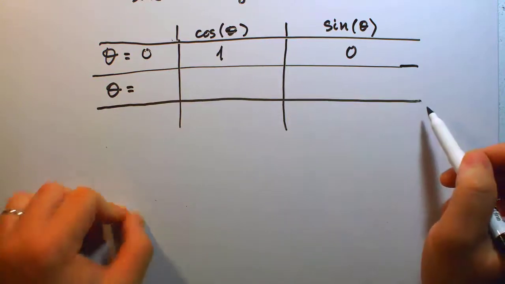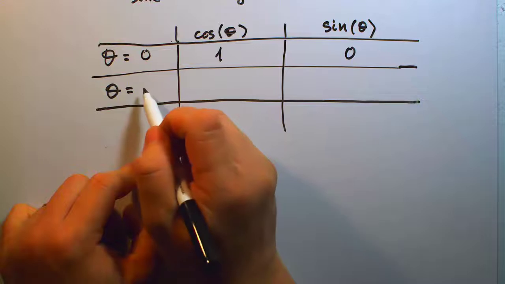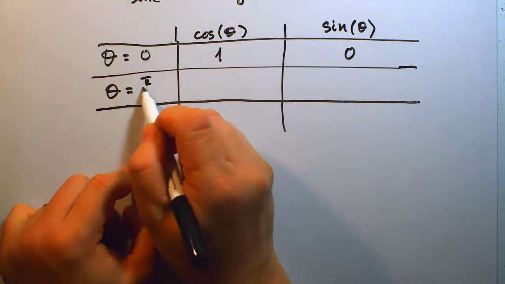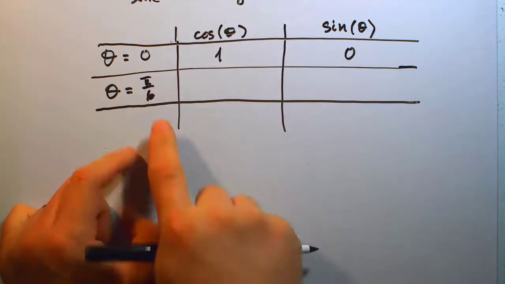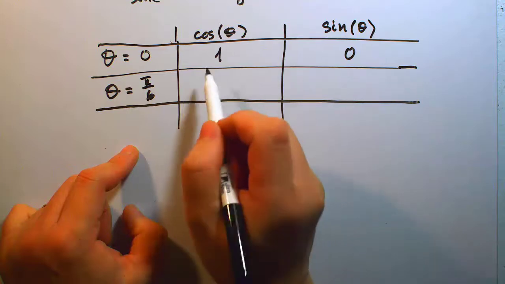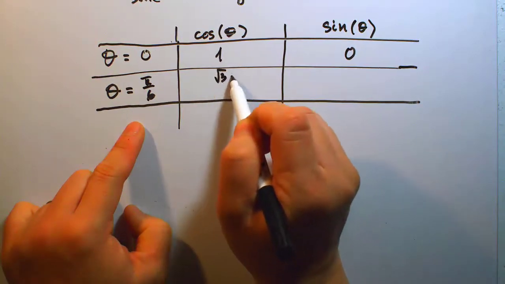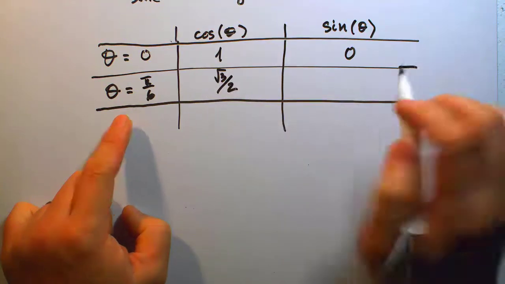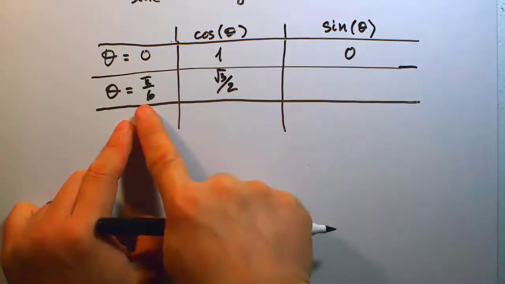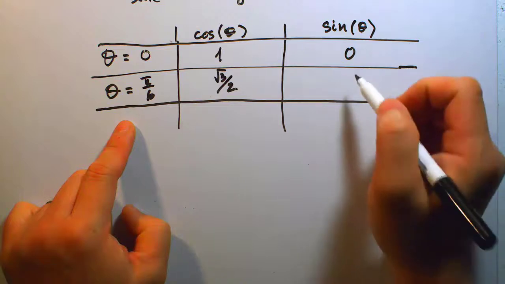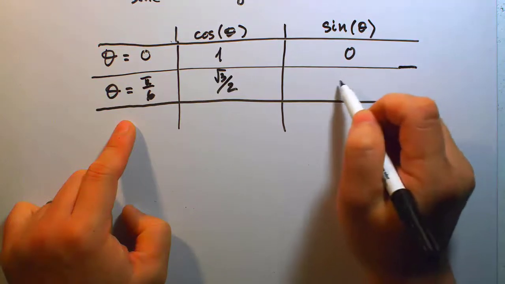And then we also learned that when theta, and for now we still stay in the positive counterclockwise rotation, equals pi over 6, the cosine value of pi over 6 is the square root of 3 over 2, and the sine value is 1/2.